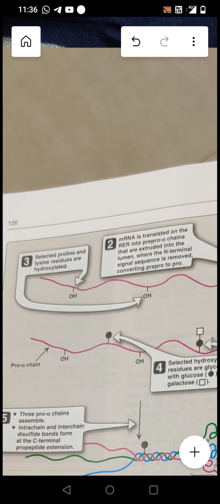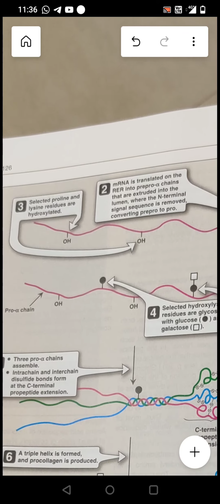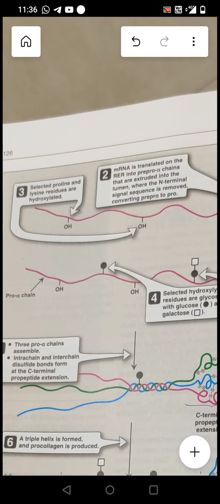The next part that is done here is hydroxylation. Wherever proline and lysine are there, you hydroxylate them, putting one hydroxyl group. Hydroxylation and the formation of hydroxylysine are post-translational modifications.